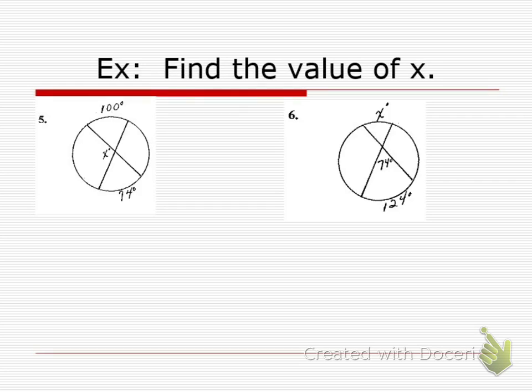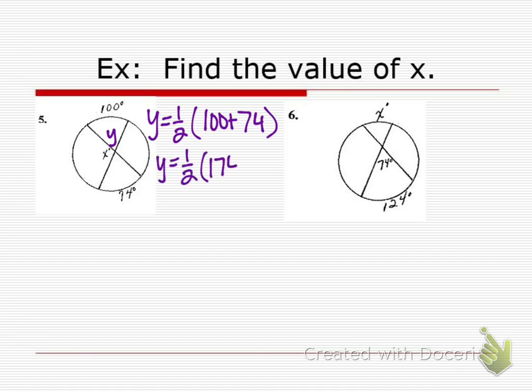All right, number 5 is going to be similar to which problem? 3. 5 is going to be similar to number 3 because they did not give us the arcs that we wanted. Julian? It would be y equals 1/2 times 100 plus 70. Good. That would be 174. Good.